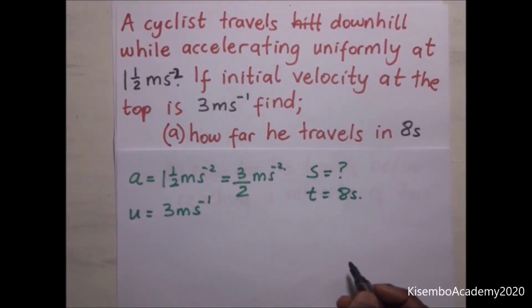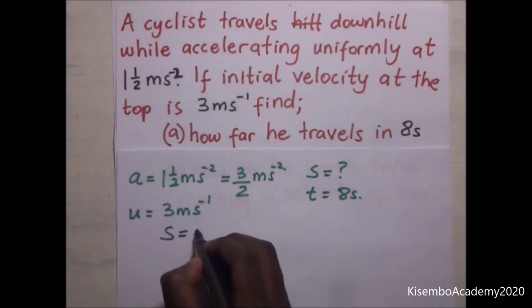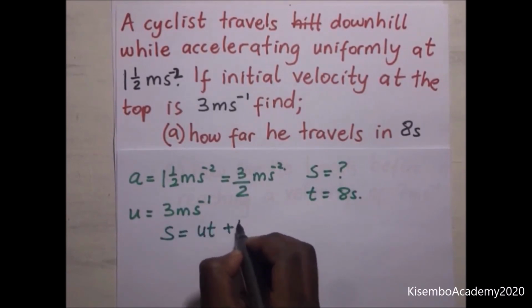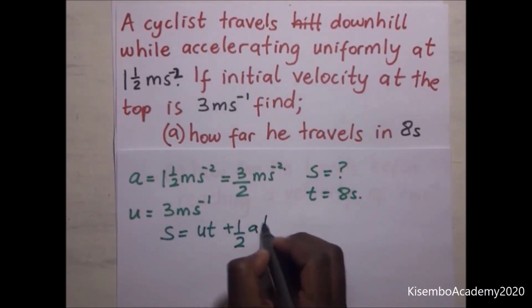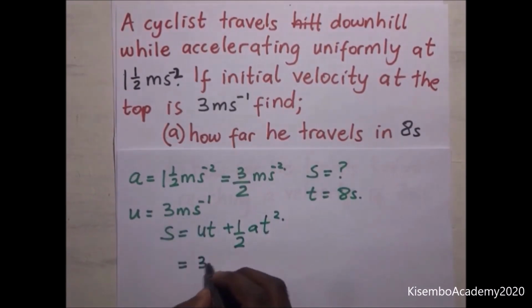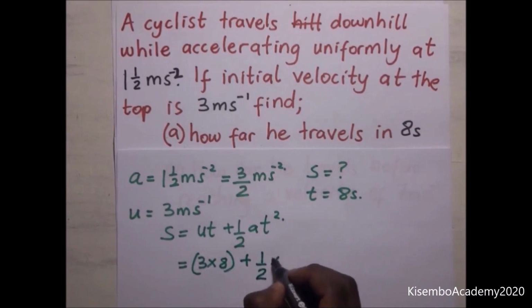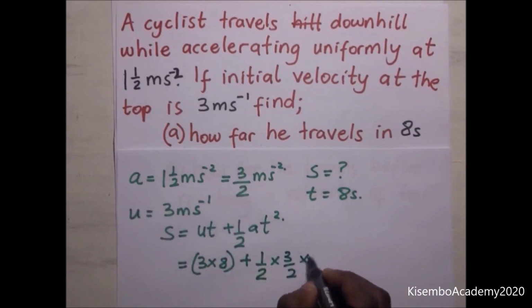So now from our equations of motion, what we can use here, they want us to find the value of s. So if we use s is equal to ut plus a half at squared, so we want the value of s, so that's going to be u, our initial velocity, which is 3, times time, which is 8, plus a half times our acceleration, 3 over 2, times time squared.